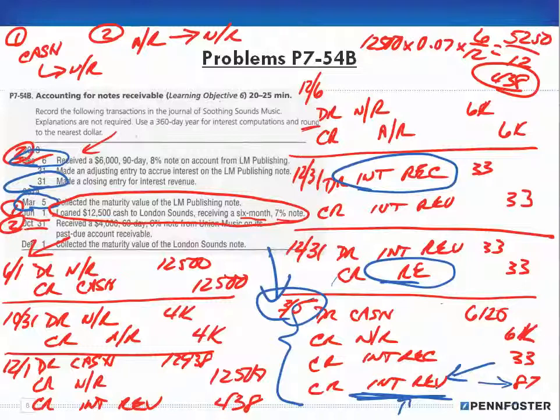You might make the accrual entry as if you were making an adjusting entry, and then just show the payment for the interest receivable, because when you made the accrual, you credit interest revenue and debit interest receivable. So you would only have these 3 line items as part of your final entry for the payment of the maturity value.